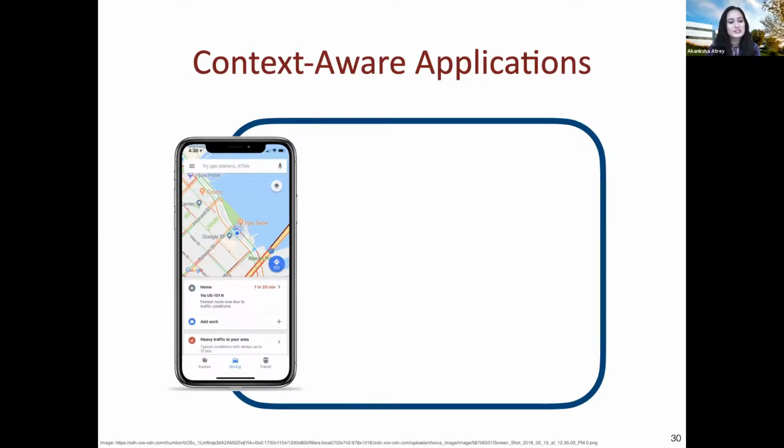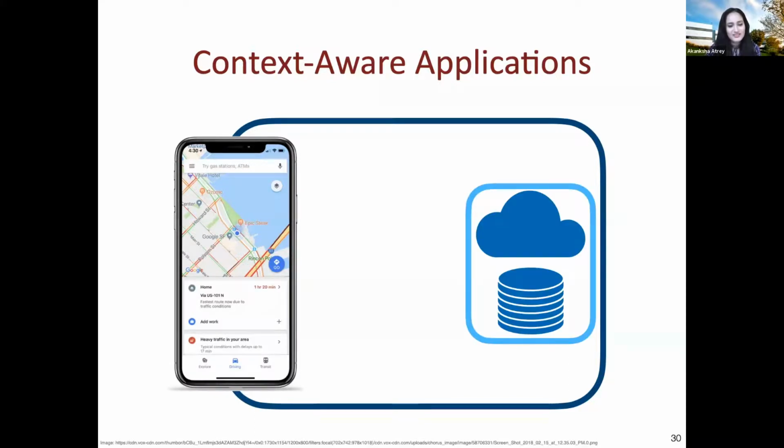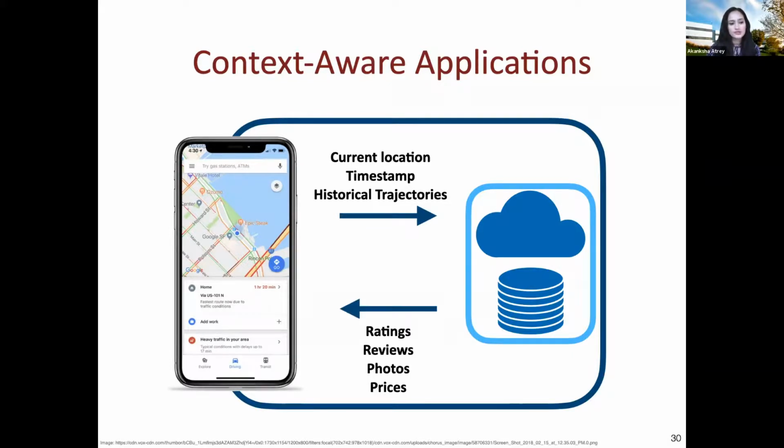So for instance, with Google Maps, you have a centralized server, obviously. Google Maps can share the current location, your timestamp, maybe historical trajectories of where you've been, and it can offer back some service like the ratings of a place you're at or where you're going, or reviews or photos or prices, things like that. And so Google Maps is collecting temporal and spatial context.